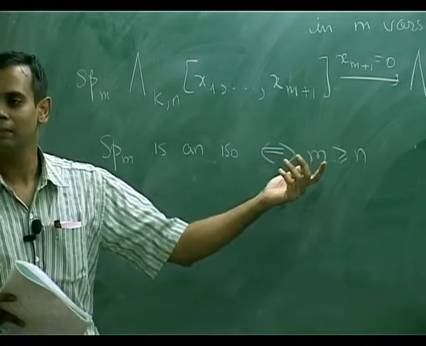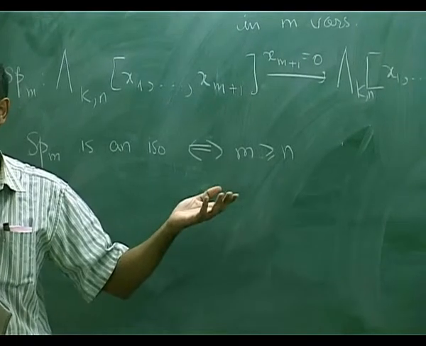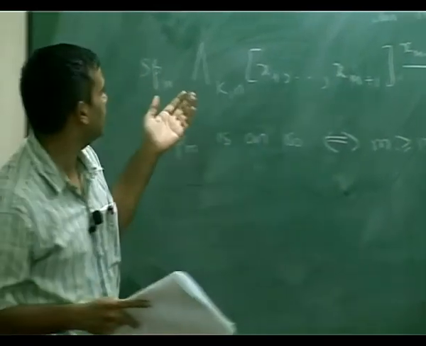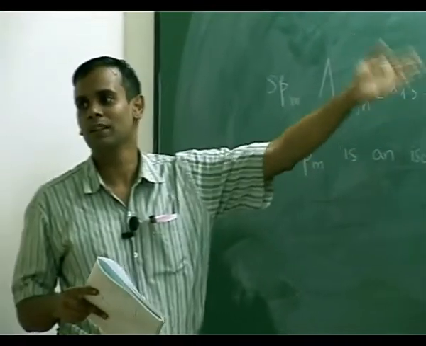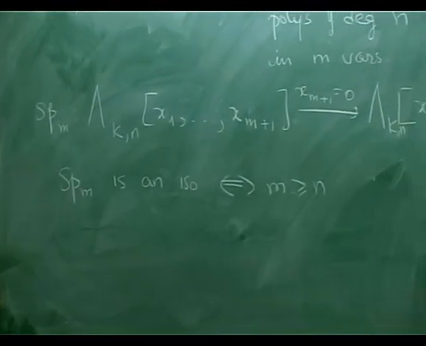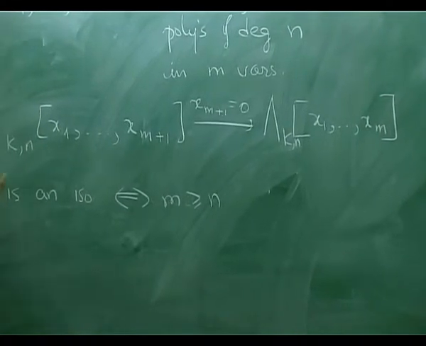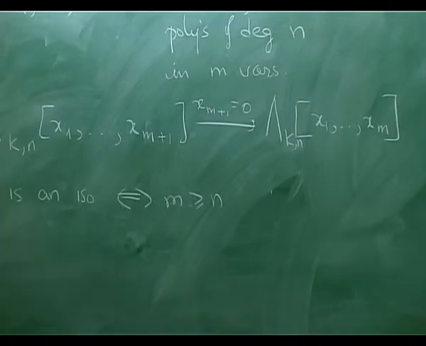I'll call this the stable case, and once the number of variables exceeds n, you can just identify all these spaces for m plus 1, m plus 2, m plus 3, and you can just talk about the ring of, well, homogeneous symmetric functions of degree n.